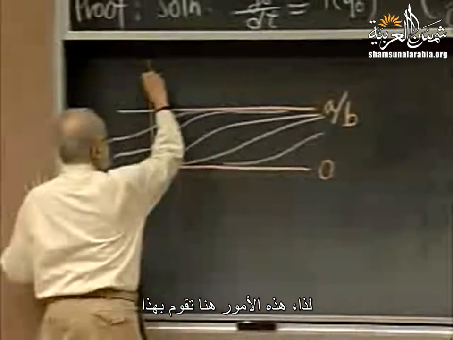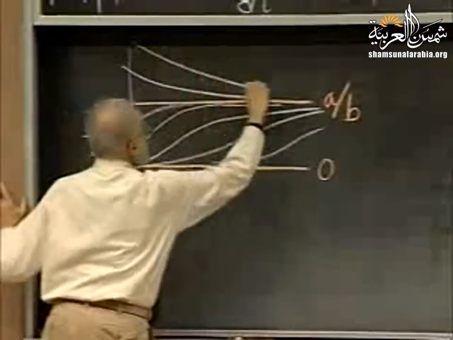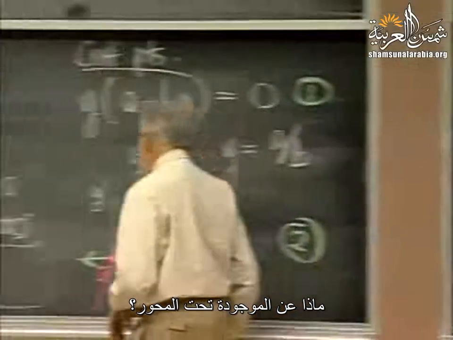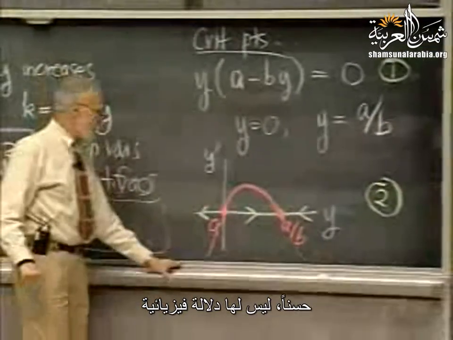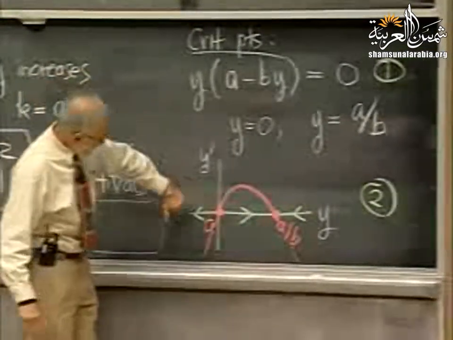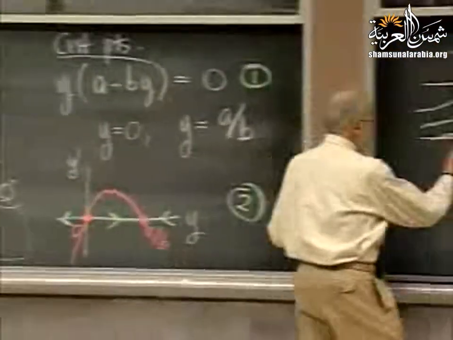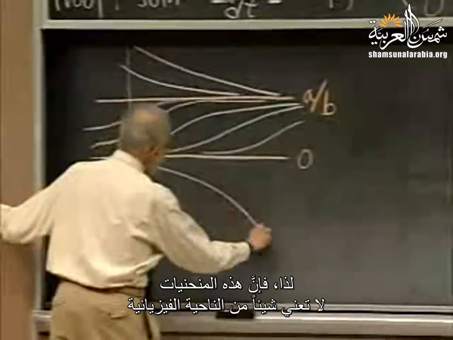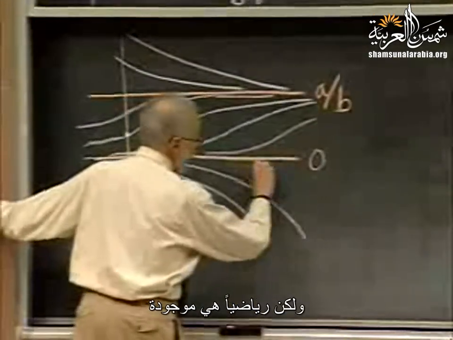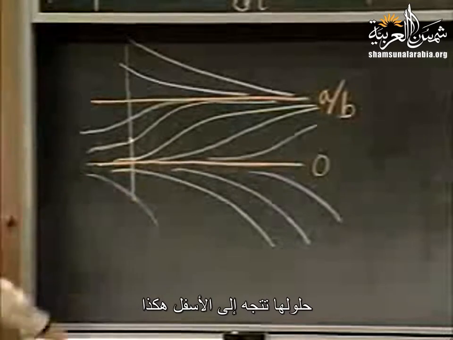So these guys up here are doing this. And how about the ones below the axis? Well, they have no physical significance, but let's put them in anyway. They are decreasing away from 0. So these don't mean anything physically, but mathematically they exist as solutions. They're going down like that.